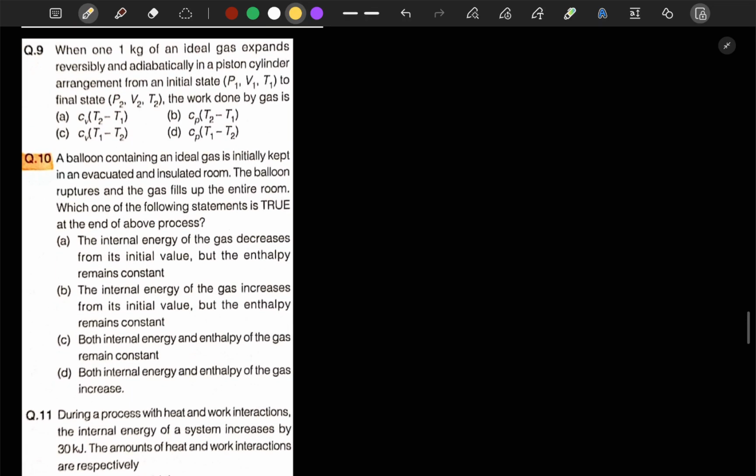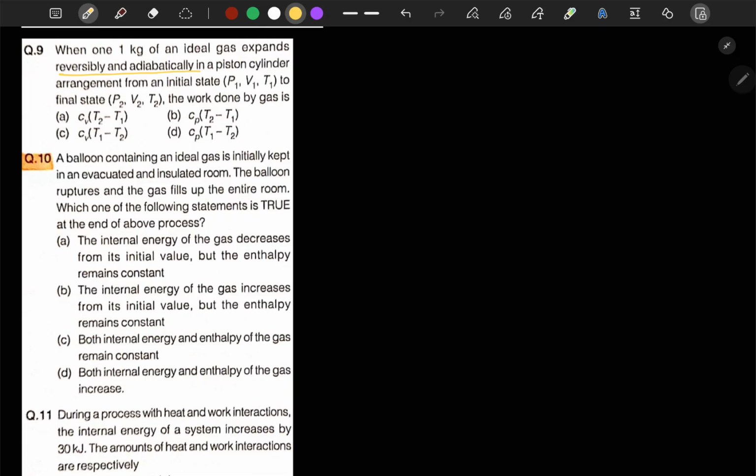Next, when 1 kg of ideal gas expands reversibly and adiabatically in a piston cylinder arrangement from an initial state of P1 V1 T1 to a final state of P2 V2 T2, the work done by the gas is? So we have been asked to calculate the work done when it is expanded reversibly and adiabatically.